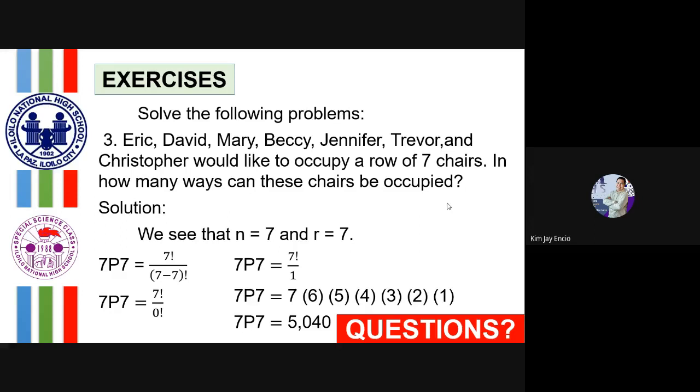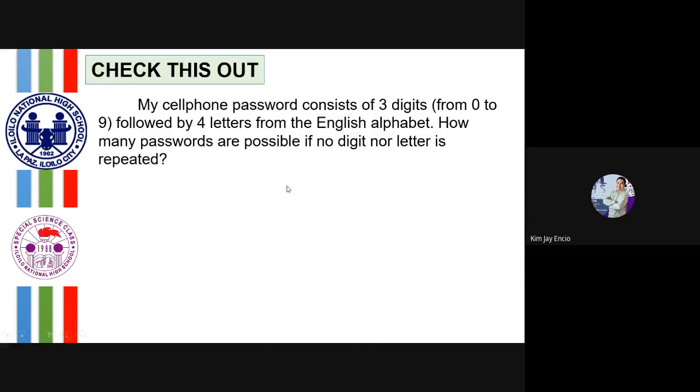Now, let's have another set of examples. My cell phone password consists of 3 digits from 0 to 9, followed by 4 letters from the English alphabet. How many passwords are possible if no digit nor letter is repeated?